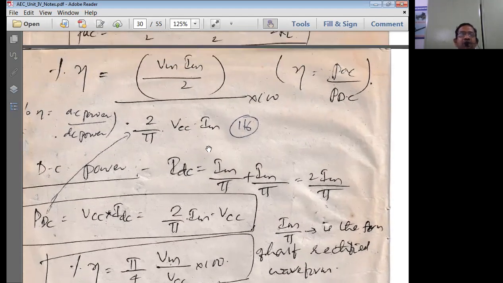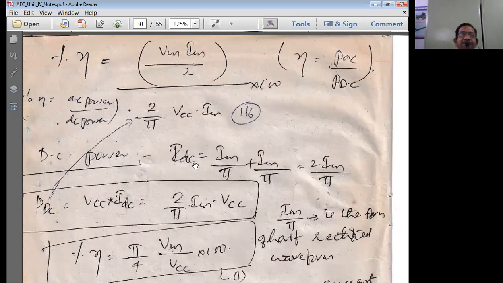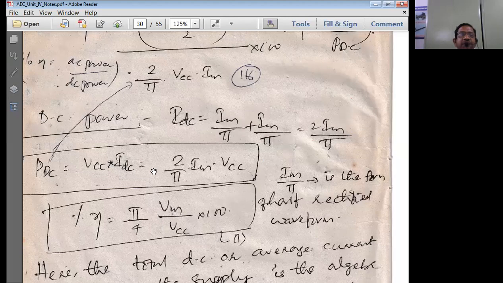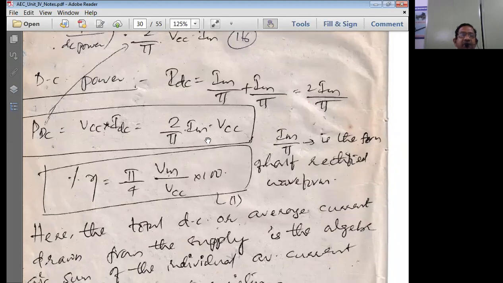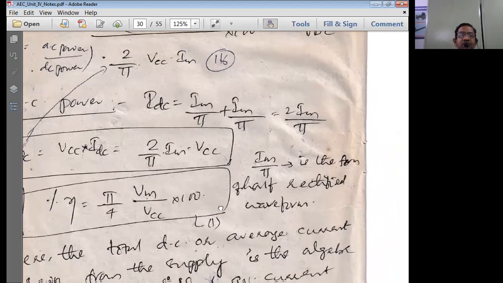Right. So when you solve this, what do we get now? Substitute this PDC over here, and I can write an equation like this. Then percentage efficiency is equal to what? When you solve this, pi by 4 into Vm by VCC into 100.